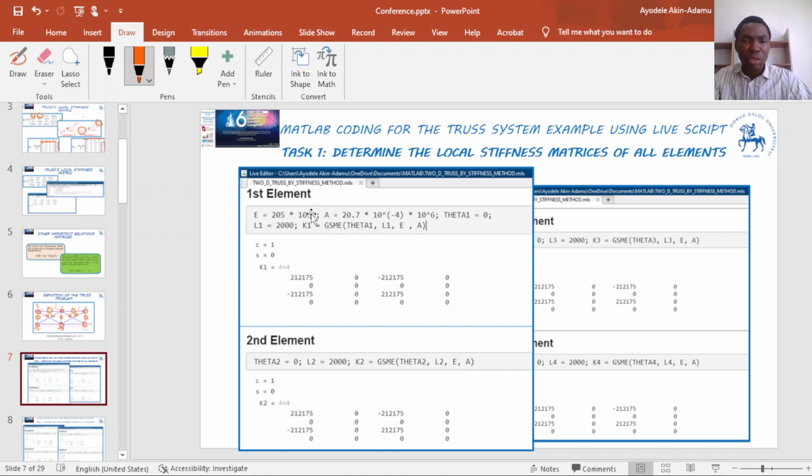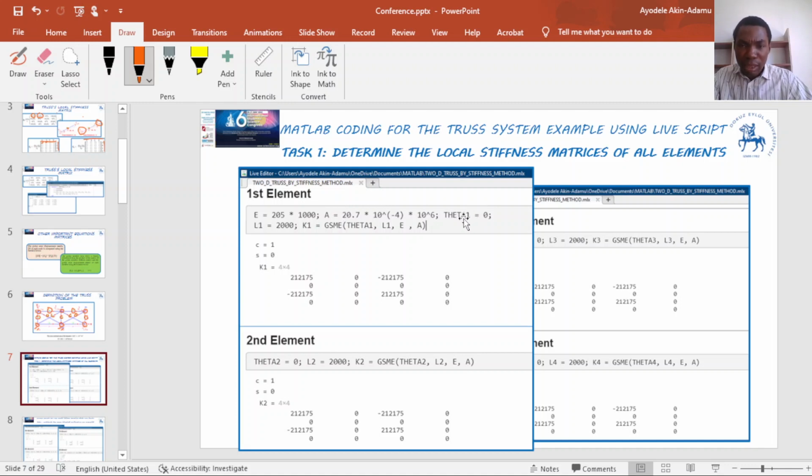I'm using Newton for force and millimeter for length, so that's why I multiply by 1000. The area is 20.7 times 10 to the minus 4 times 10 power 6 square millimeter. The times 10 power 6 converts the area from square meter to square millimeter. A denotes the cross-sectional area of my truss element.